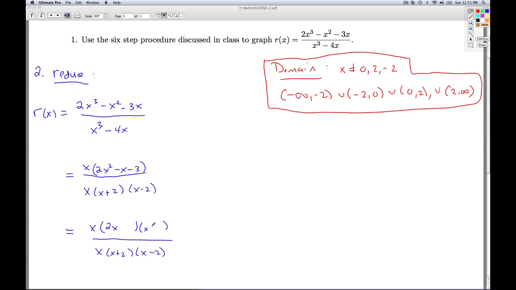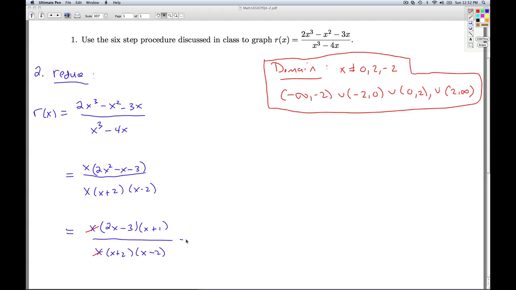So I can do an x plus 1 here, and x minus 3 here. And I can check minus 3x plus 2x gives me minus x, so we're good to go. And I look to see what cancels out here. And the x's cancel, and that's it.